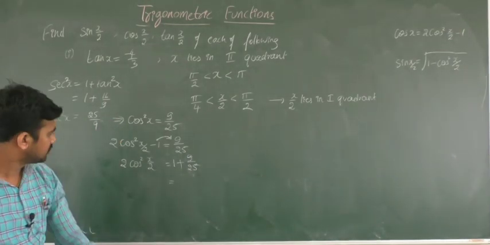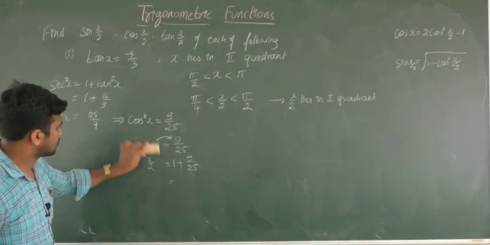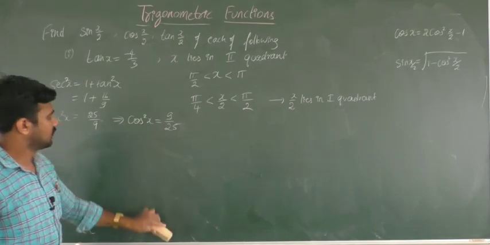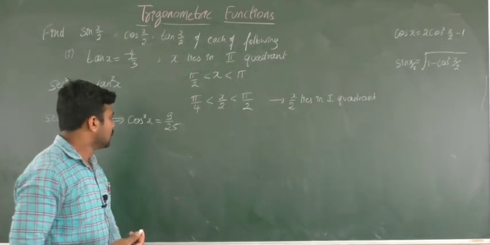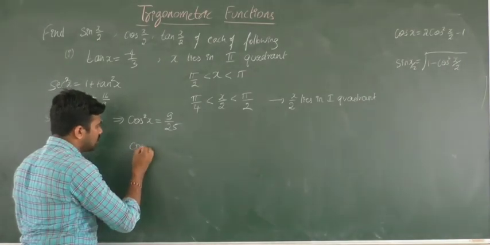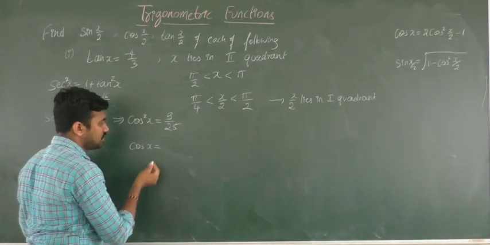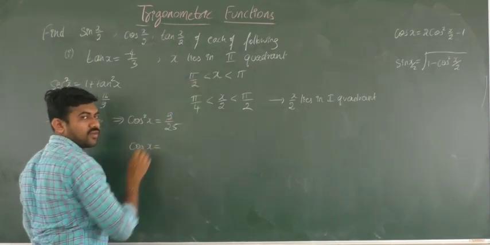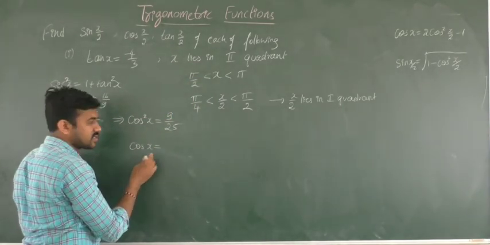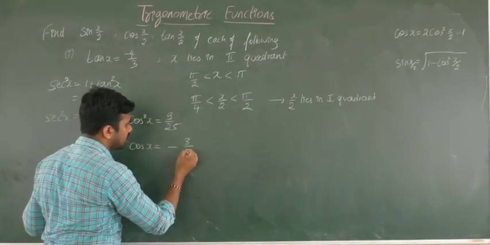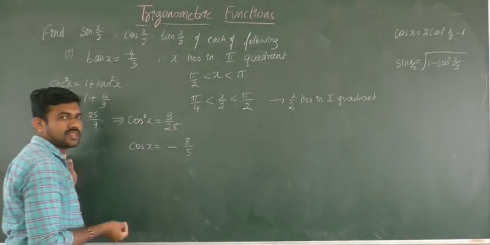Cos square x is 9 by 25. Cos x is equal to, x lies in second quadrant, so cos x is negative. Take the square root of this, we will get minus 3 by 5, cos x.